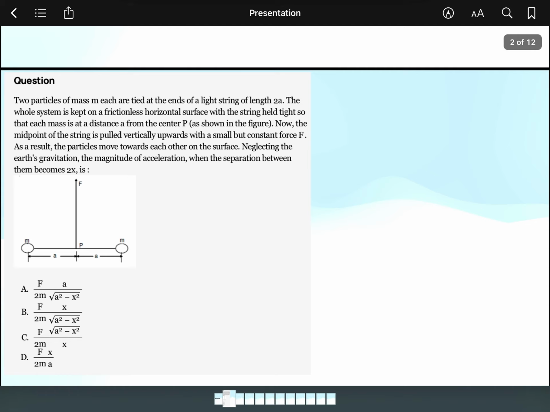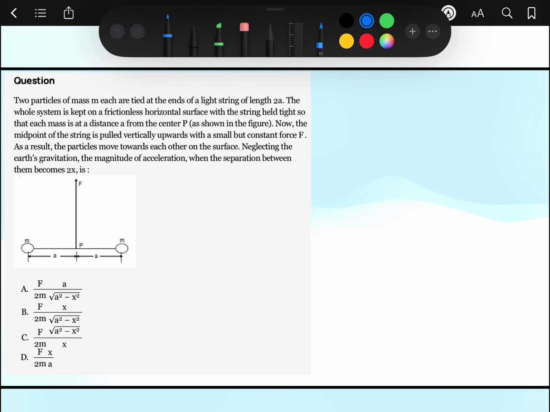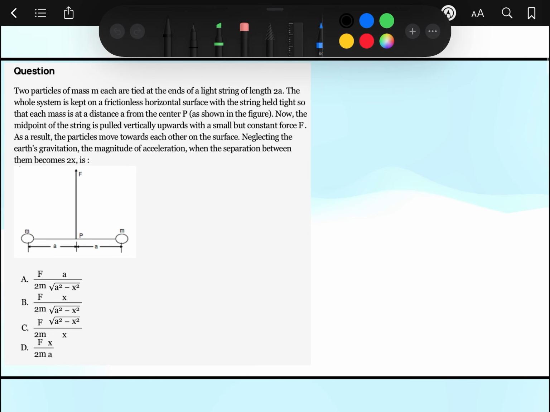So I will draw here the situation when the separation between these two masses is 2x. So here is the scenario. These two strings are like this, and this is the mass m, and this is another m.